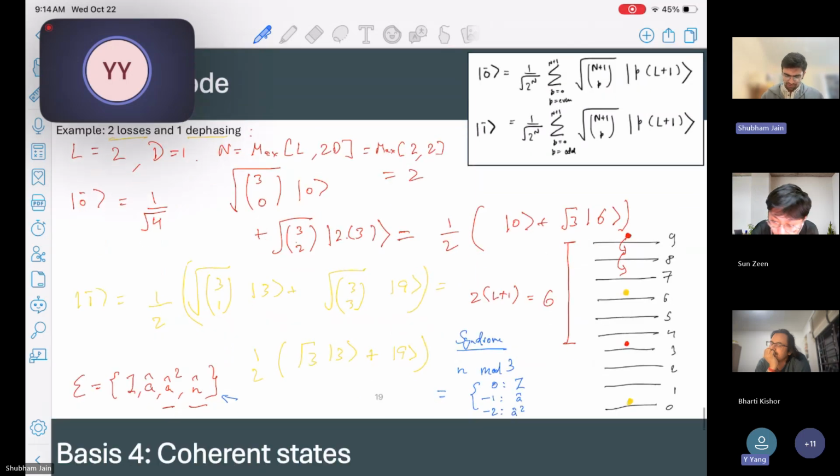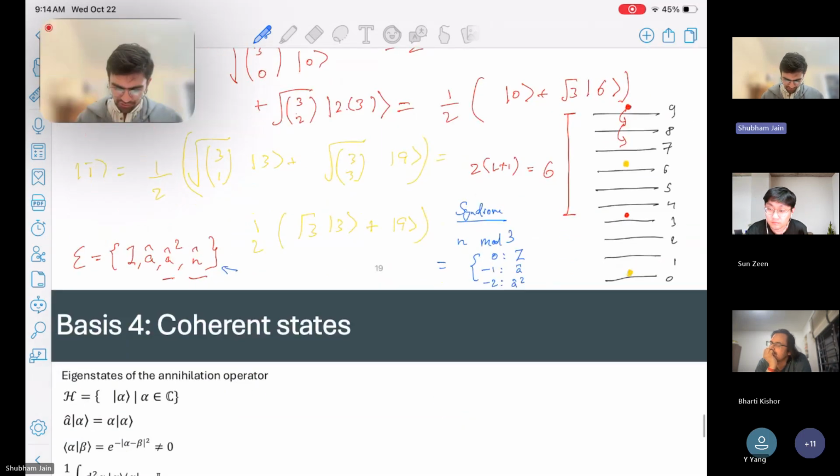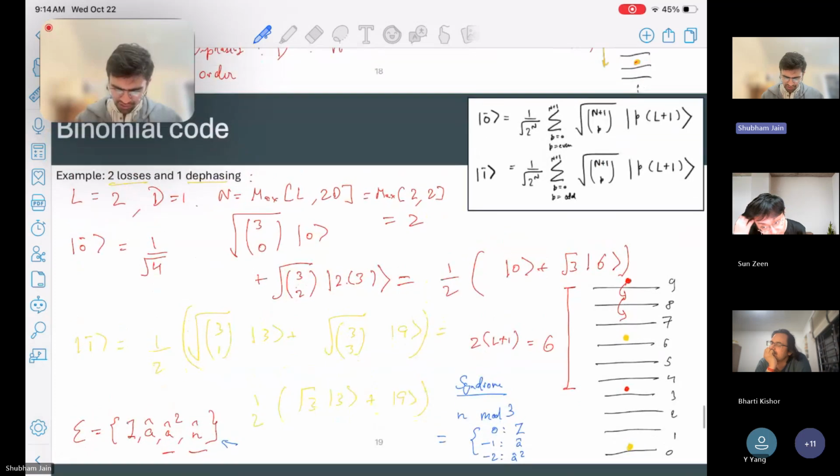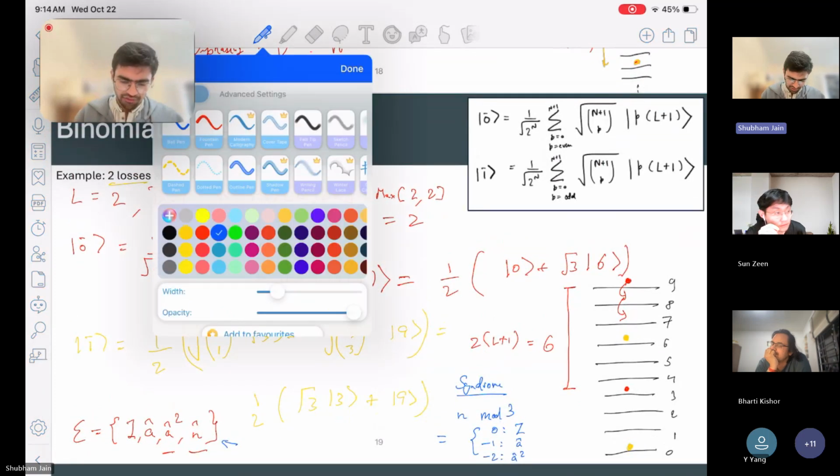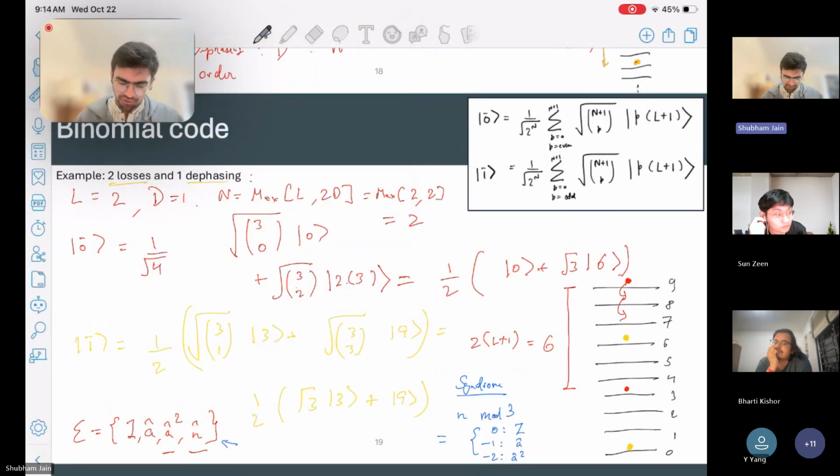Yeah, so it's a good question. You can of course verify this by checking the Knill-Laflamme conditions. The only thing is that there are going to be a lot more of these conditions to check because you have more operators now.